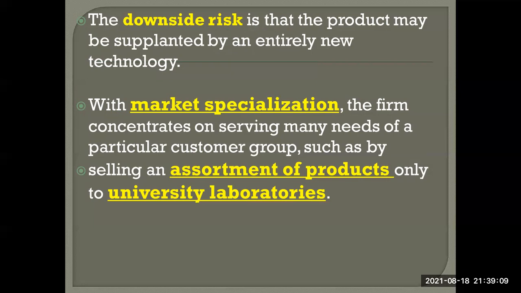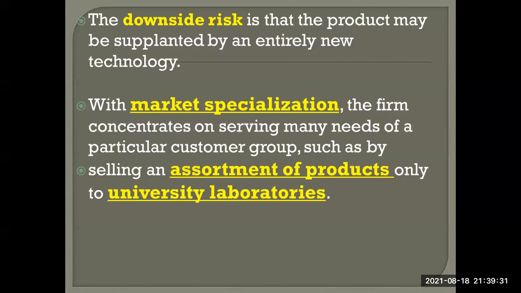Next is market specialization. The firm concentrates on serving many needs of a particular customer group, such as by selling assortment of products only to university laboratories. So in market specialization, that particular company will sell only to university laboratories, but they sell all types of products.